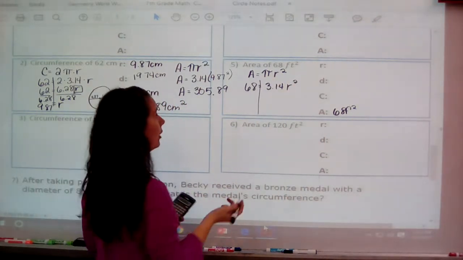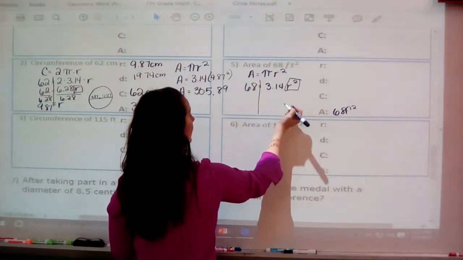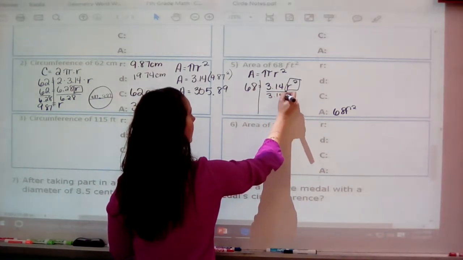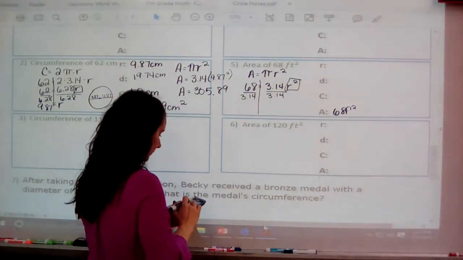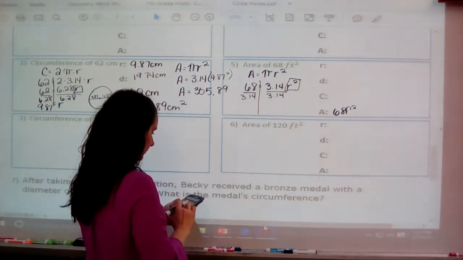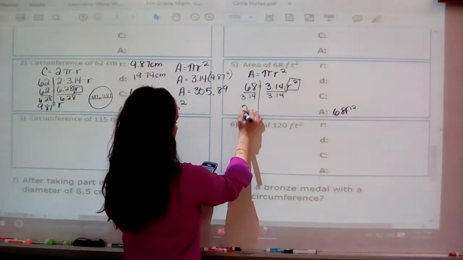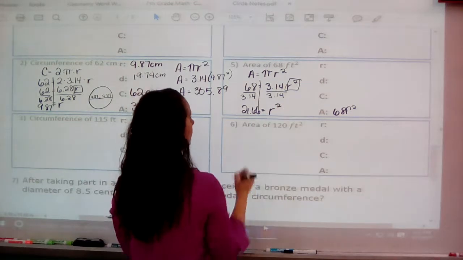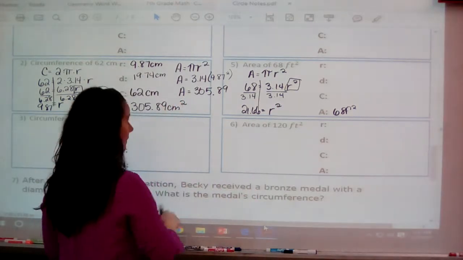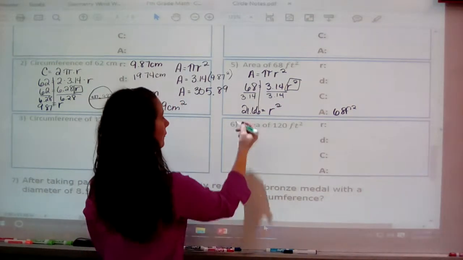So now I'm going to solve for r. In order to get r squared by itself, I need to divide both sides by 3.14 to give me 21.66 equals r squared. This is the part that's new to you, maybe a little unfamiliar.